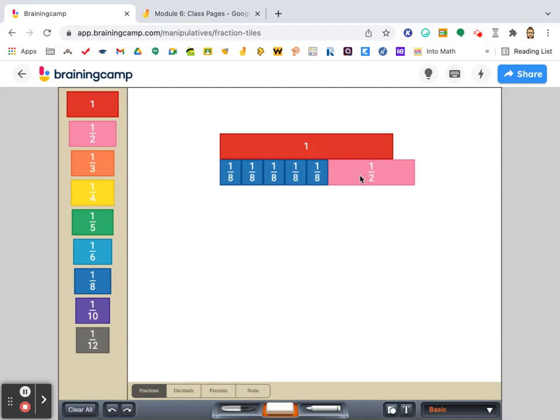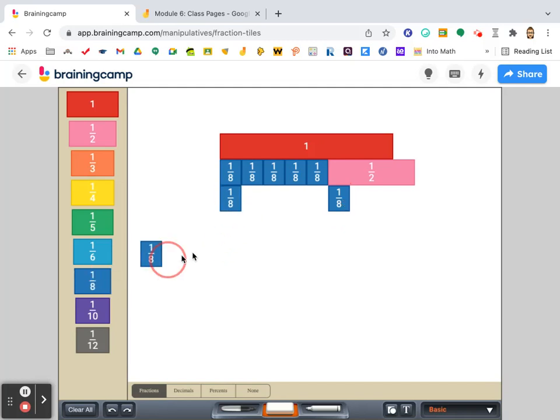So we need to think about multiples. So it has to at least be the 8ths or more in order to be a multiple. So yeah, let's just start with 8. Is 8 a multiple of both 8 and 2? And it is.